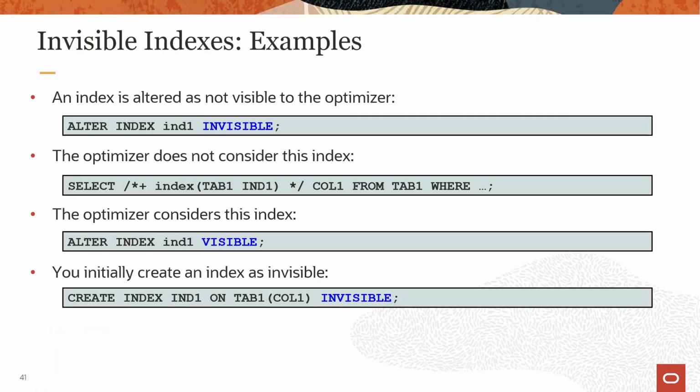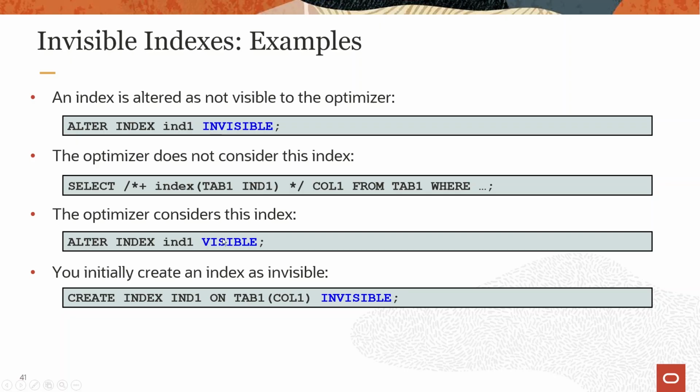Now here you can find the commands on how to create or alter an index to become visible or invisible. So if you have an existing index, index 1, and you make it invisible, and then via a hint you're going to tell the optimizer to use that index, it will simply ignore the hint because it says, I do not know which index you're talking about, because it has been made invisible.